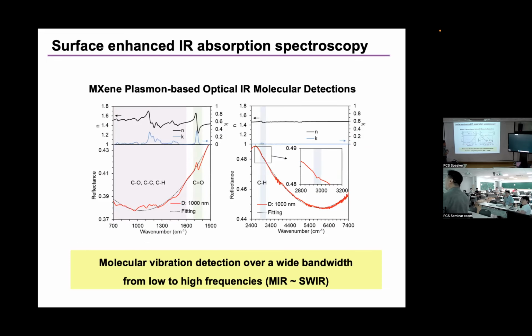This is a measured reflectance spectrum, so we can clearly see the molecular vibration frequencies, in the long wavelength regions and the short IR wavelength regions. We can measure the entire spectrum of the molecular vibrations using the MXene plasmon structures.